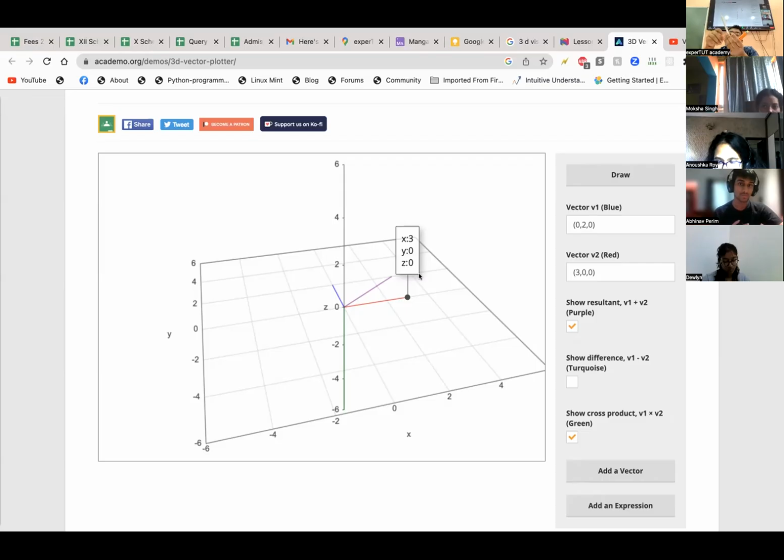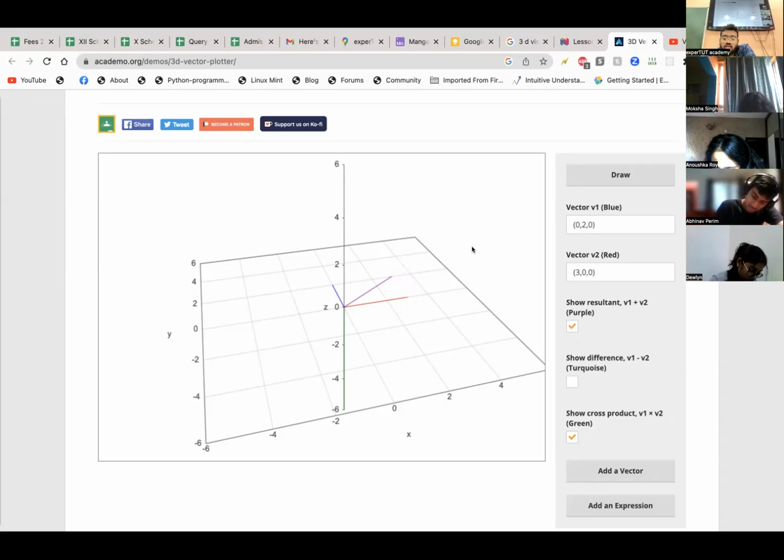So what I said was, if A and B are two vectors, then any linear combination, 2A plus 3B, 5A minus 3B, always lies in the same plane. And A cross B is a vector perpendicular to that plane. Write this down: A cross B is a vector perpendicular to that plane.